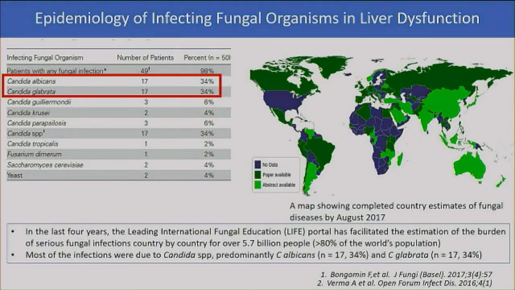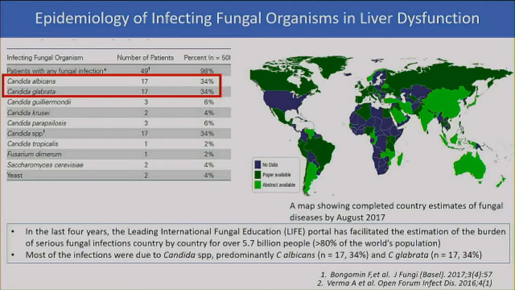This is a survey by the leading international fungal education portal, which facilitated the estimation of the burden of serious fungal infections by country, covering over 5.7 billion people, or more than 80% of the world's population.